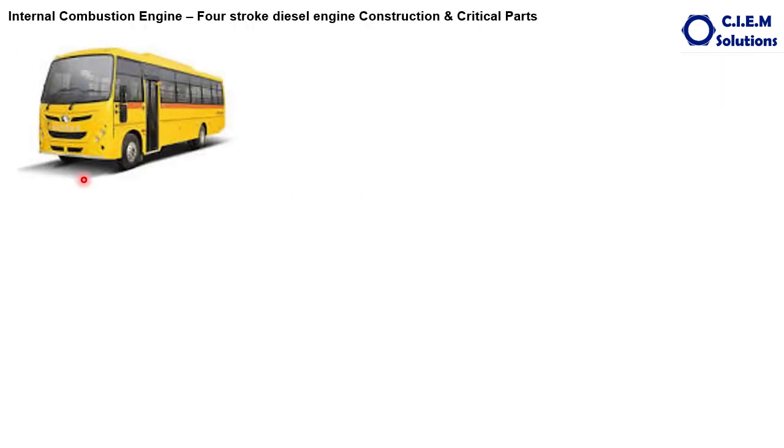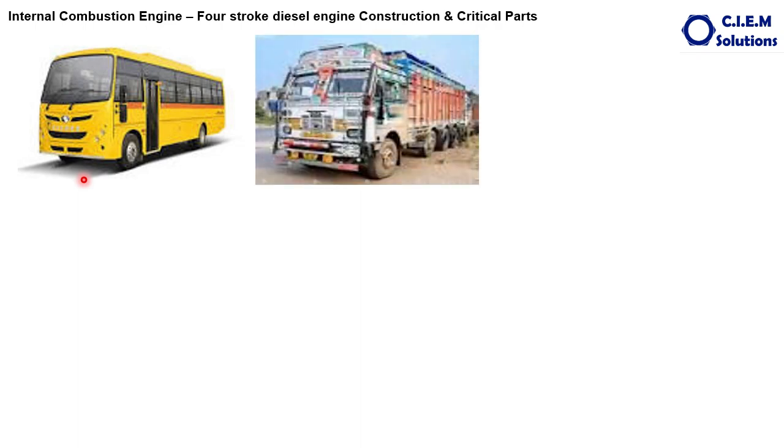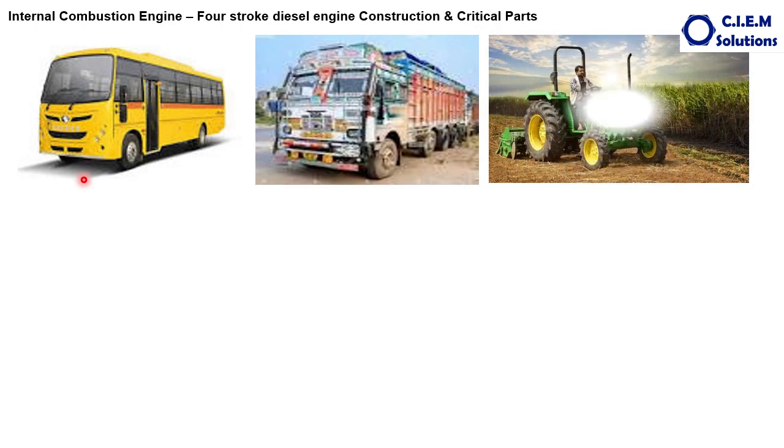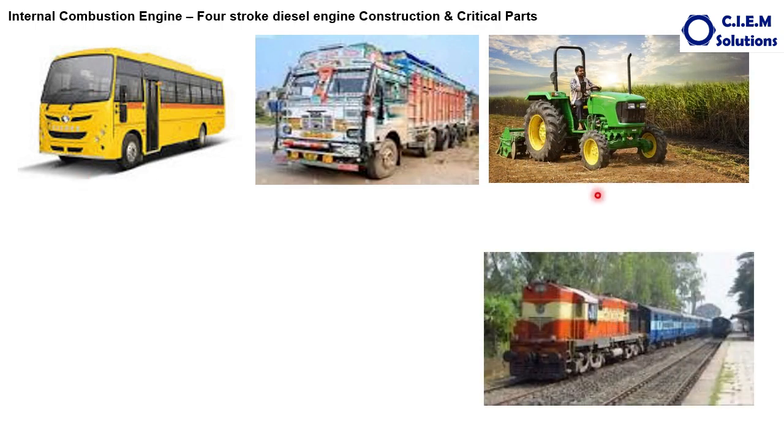Where are the diesel engines fitted? That is four-stroke diesel engines. Our passenger cars, buses, etc. Then the trucks, goods carrying trucks. Then the agricultural machines. Then the locomotives. Even though we can see the majority are electric locomotives, still many trains are running with diesel locomotives.